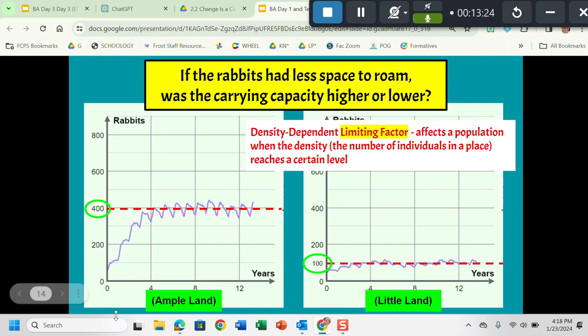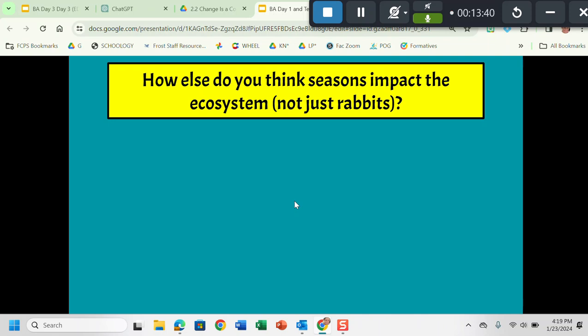So as long as we were at lower numbers down here, we could grow and have more rabbits. But density-dependent limiting factor means that this number really depends on the density, and it's going to be a pretty consistent number.